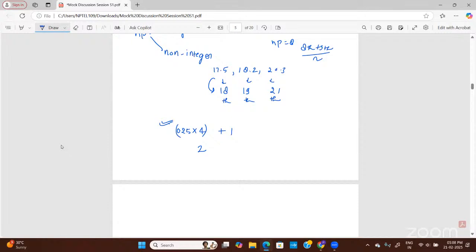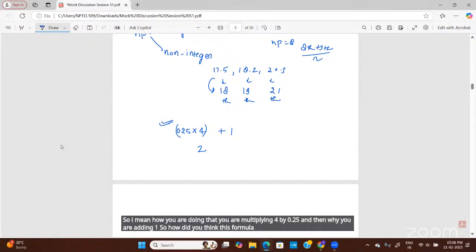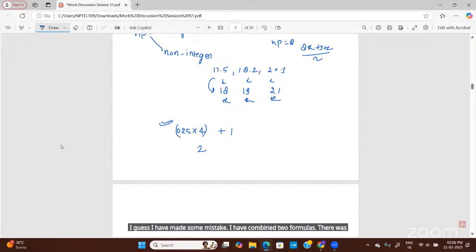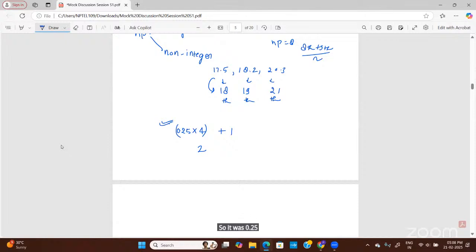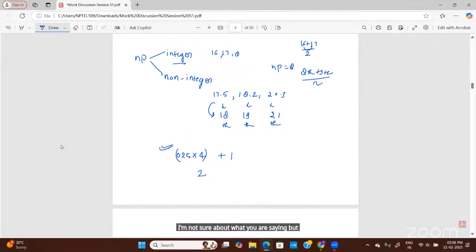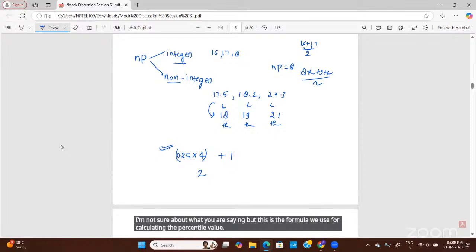I guess I have made some mistake. I combined two formulas. There was one formula for rank as well, which was 0.25 into n minus 1 plus 1. I'm not sure about what you are saying, but this is the formula we use for calculating the percentile value. Okay, ma'am.